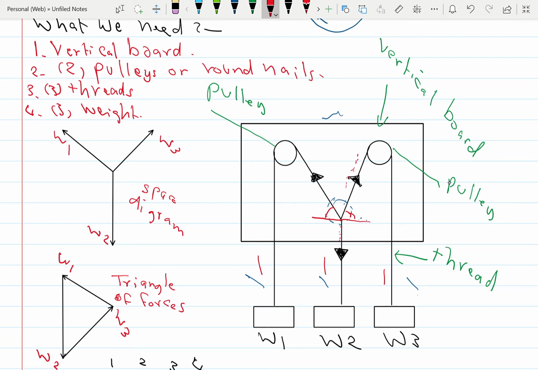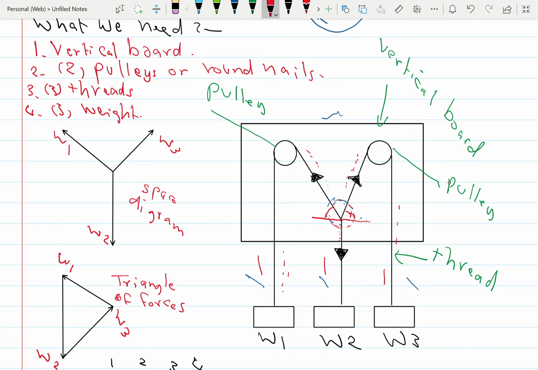Weight 1 exerted here, up direction. Because the weight is pulling down, the knot is pulling, so the direction is going there. This is the point where all the forces come across. This one is also pulling down, so there is a force exerted in this direction.